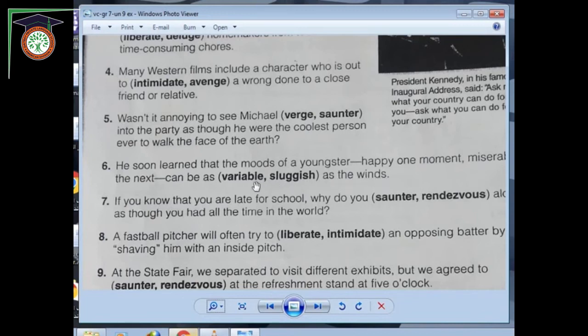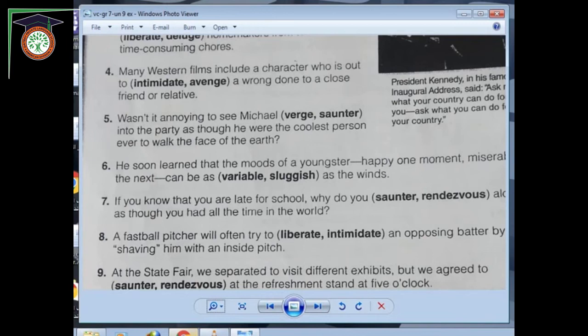Yes, wind changes from time to time, sometimes fast, sometimes slow, up and down, and so on. Is it sluggish as wind? Is wind sluggish, slow, or variable, changeable from time to time? Yes, it is variable. And see this word, happy one moment, miserable the next.